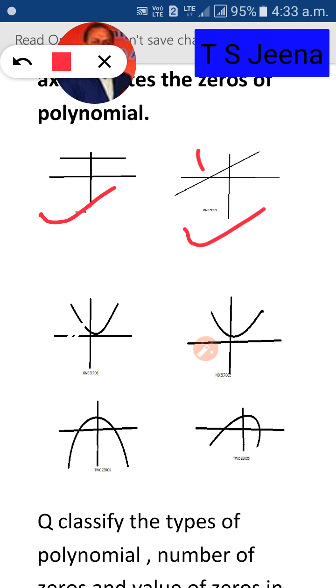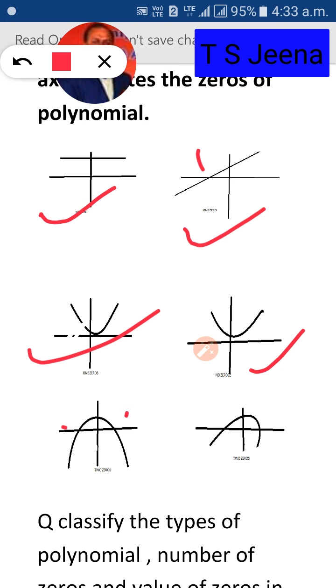This is a quadratic polynomial, touching the x-axis only, so it has 1 zero. This is also a quadratic polynomial, but it is not cutting the x-axis, so it has no zero. This is also quadratic, cutting at 2 points, so it has 2 zeros.